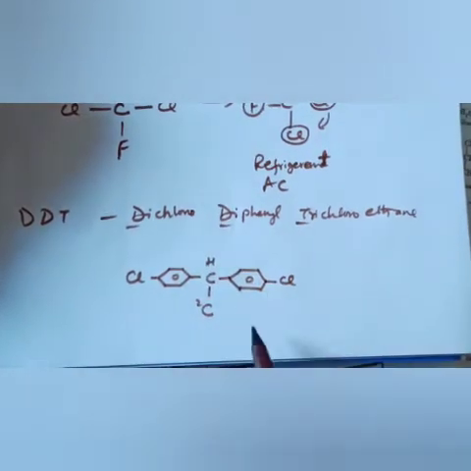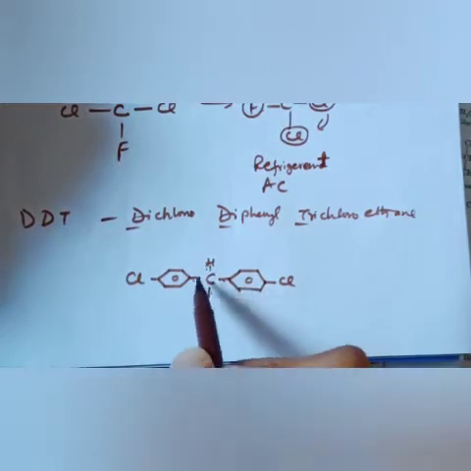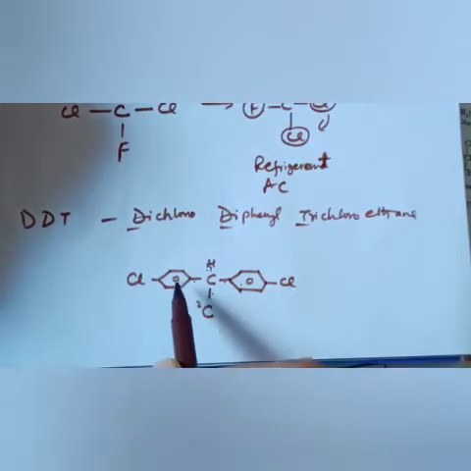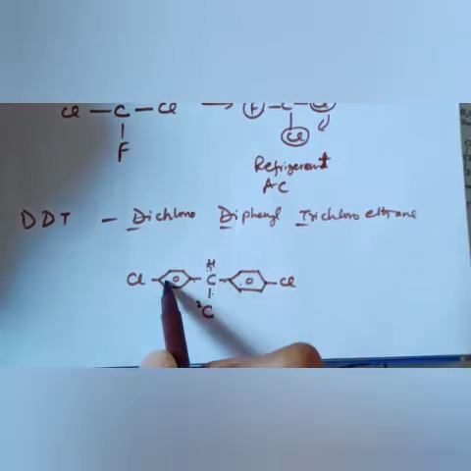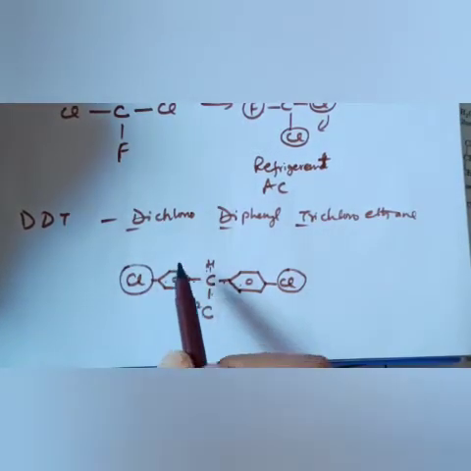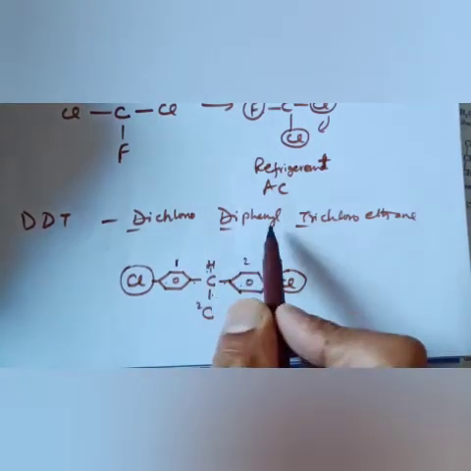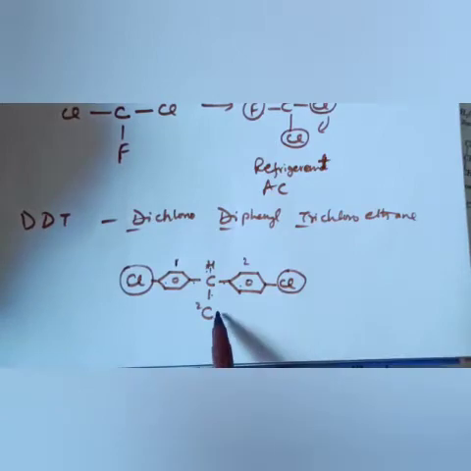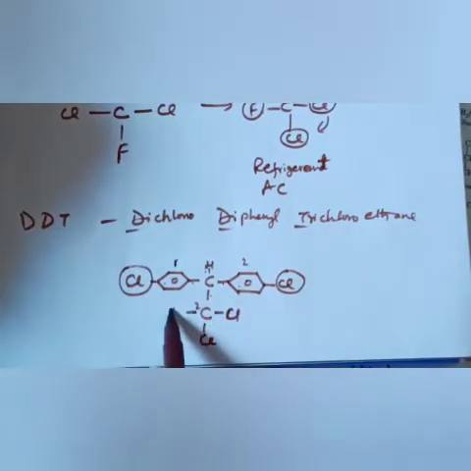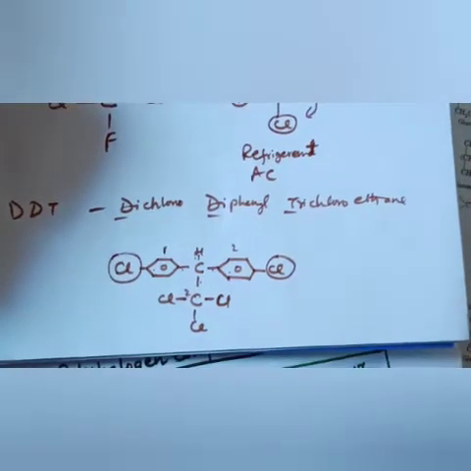This side it will be H, because we need to satisfy the tetravalency of carbon. So two phenyl and two chloro: dichloro, diphenyl. Then trichloro will be on the second carbon of the ethane: three chlorines. There are carbons 1 and 2, ethane. This is the simplest structure.